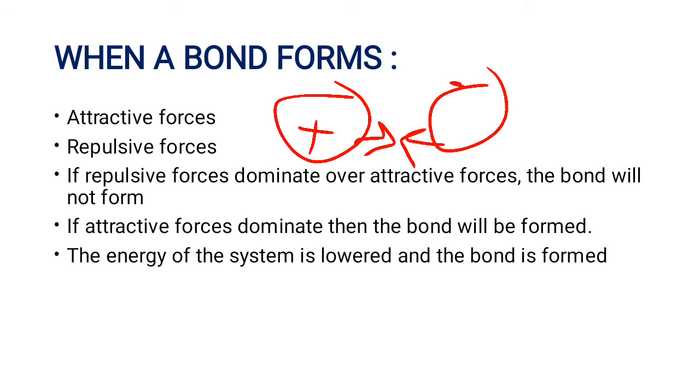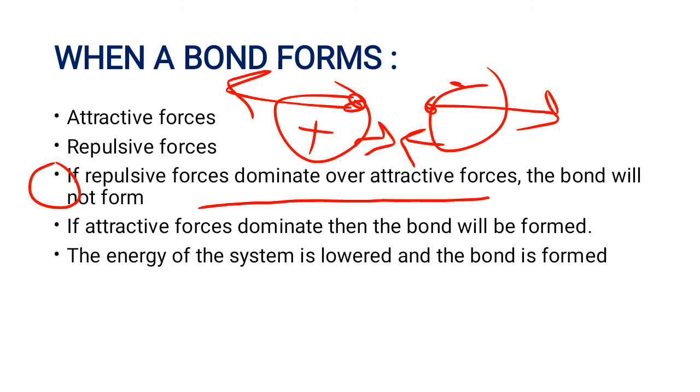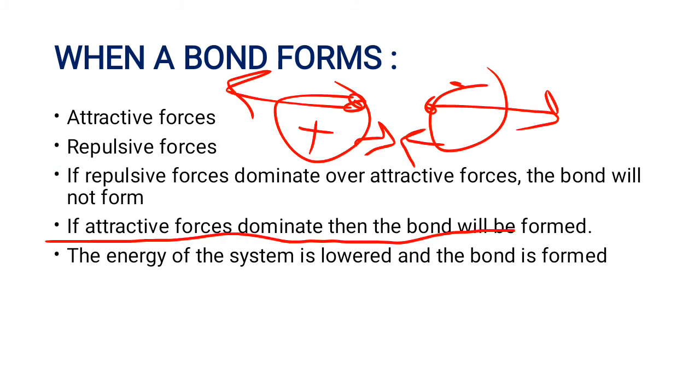At the same time, the electronic cloud of one atom starts repelling the electronic cloud of the other atom. So repulsive forces are also acting. We see if the repulsive forces dominate over attractive forces, the bond will not be formed. But in the case when attractive forces dominate, then the bond will be formed.